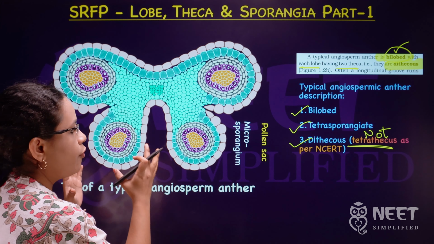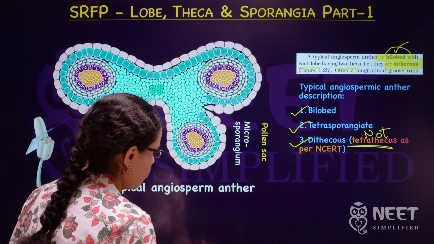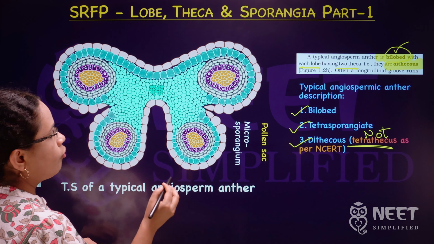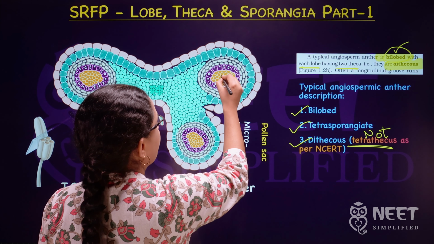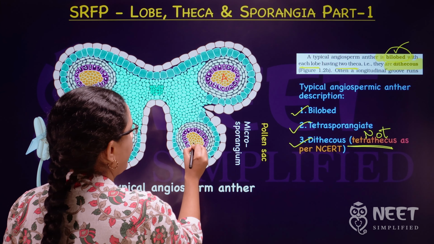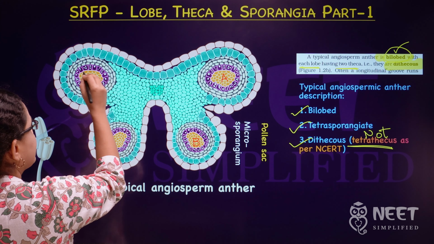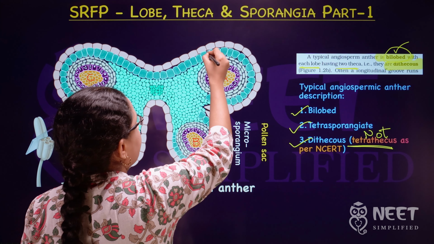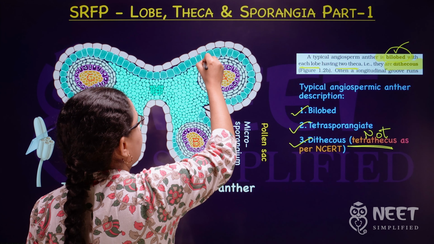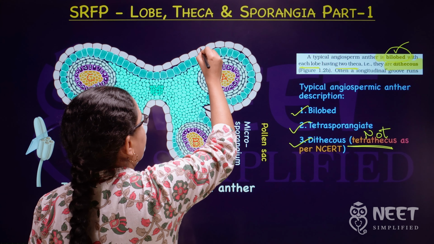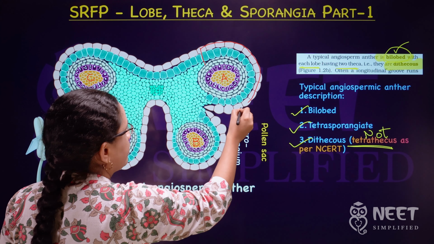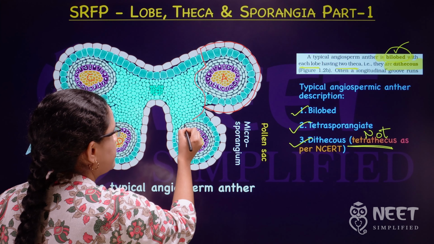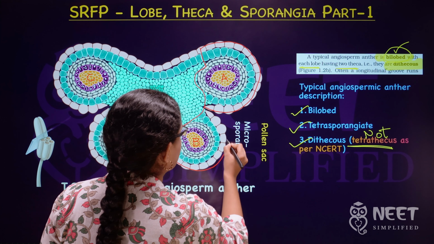Now let's understand from the diagram which is given in the textbook so that you will clearly understand about the theca. So what is all forming a theca? We have microsporangia 1 and 2, A and B, just like how we have seen earlier, and C and D. So, this part is one microsporangia and this is the second microsporangia, right?